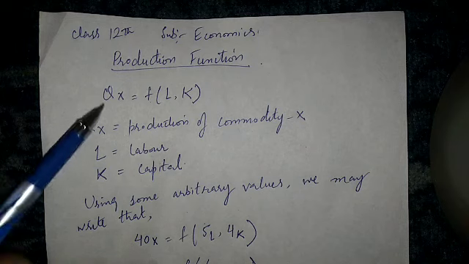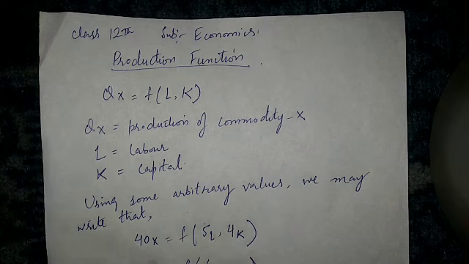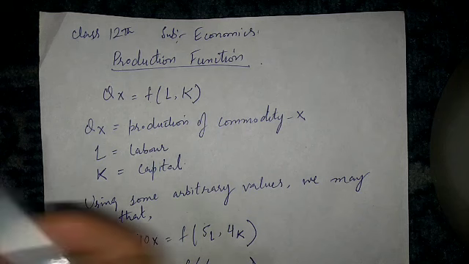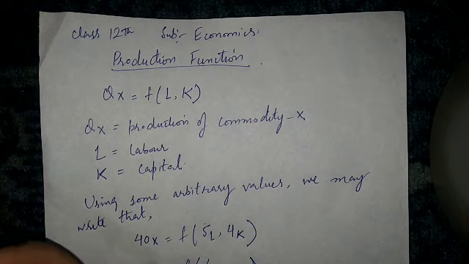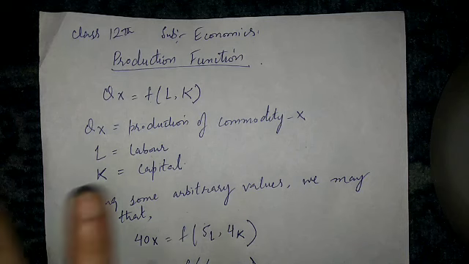It is this relationship between physical input, that's 10 units of capital and 5 units of labor, and physical output, that's 100 units of a commodity produced, which in economics is termed as production function.